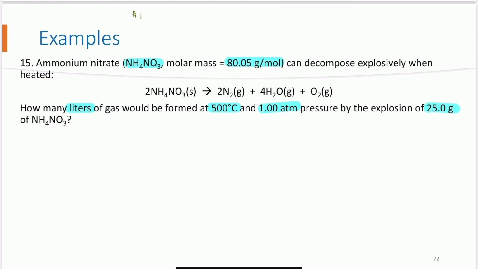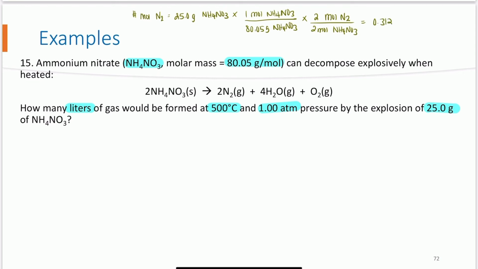So first, number of moles of N2 produced, 25.0 grams ammonium nitrate. I'm producing 2 moles of N2 for every 2 moles of ammonium nitrate.